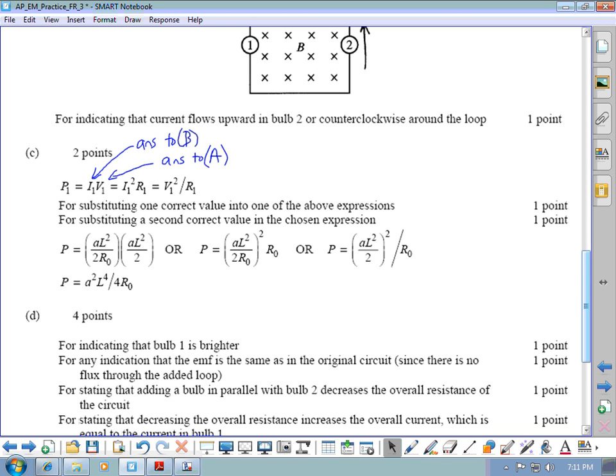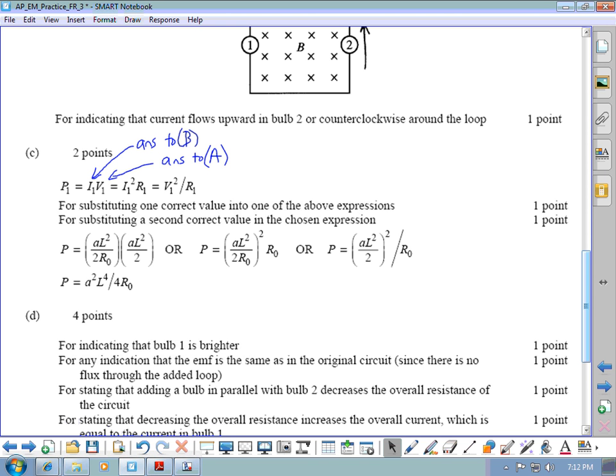So substituting one correct value into the above expression was 1 point, and substituting a second correct value in the chosen expression would be the other point. But what I said there, answer to B and answer to A, would only get you one of the points. It would show that you know what to do, but that second point is really for putting the second value in correctly and calculating it out.